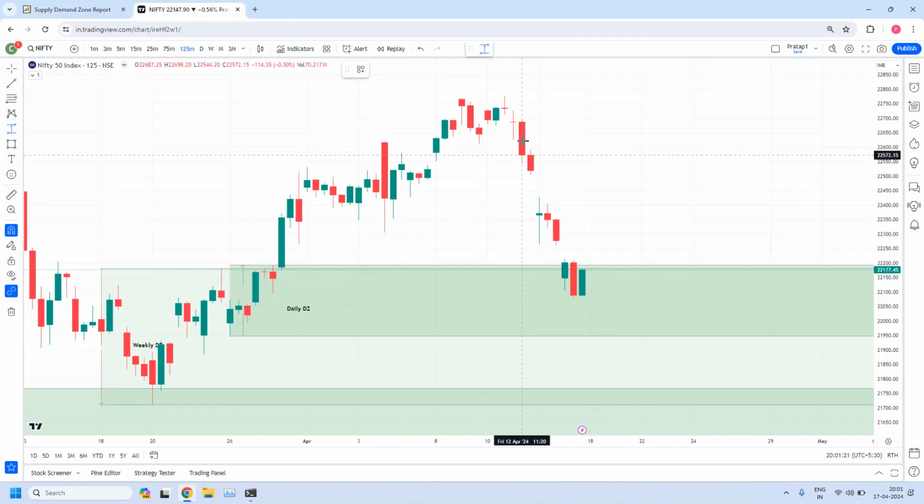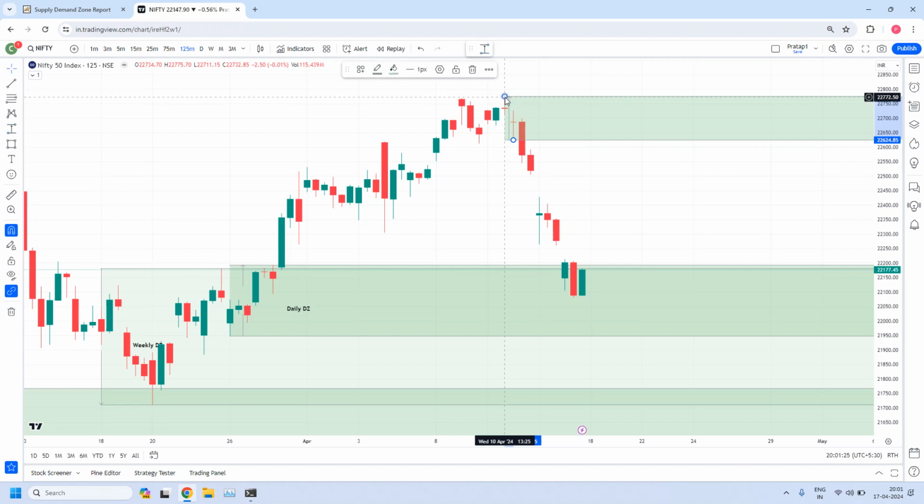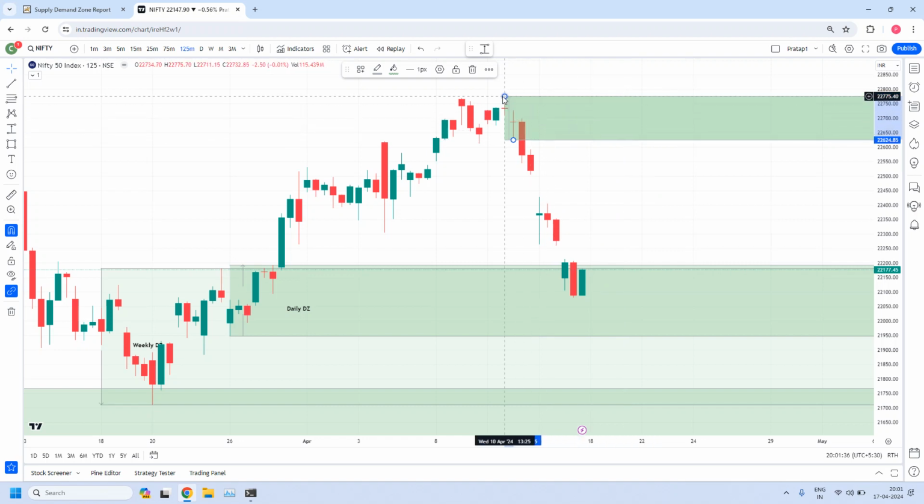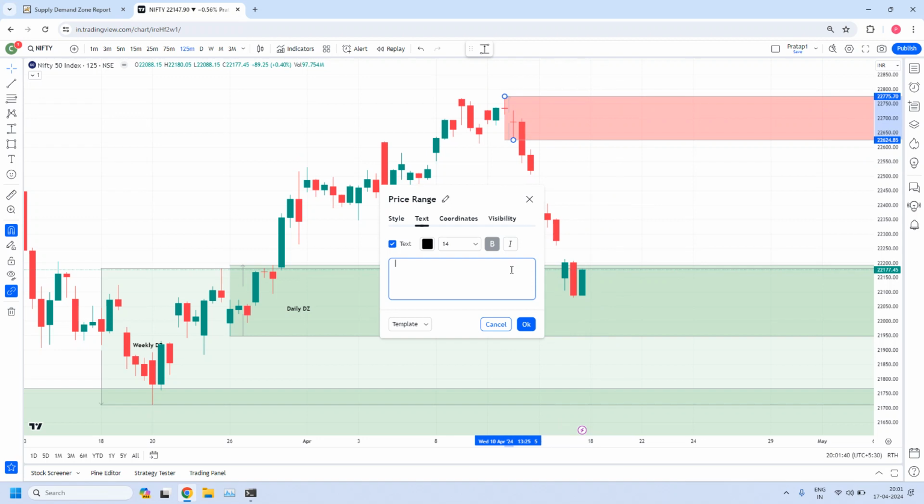So this is the way we have the 125-minute zone. This is a supply zone. So this is a 125-minute supply zone.